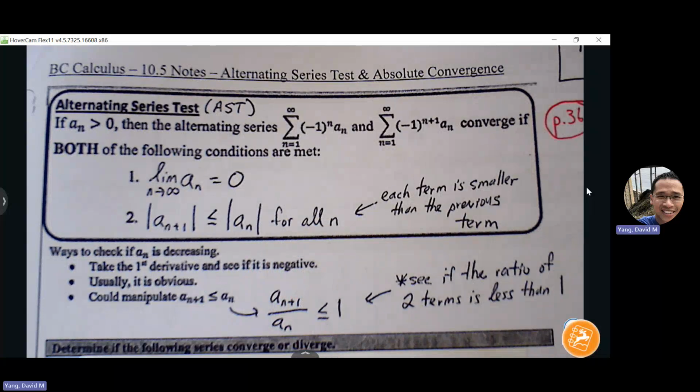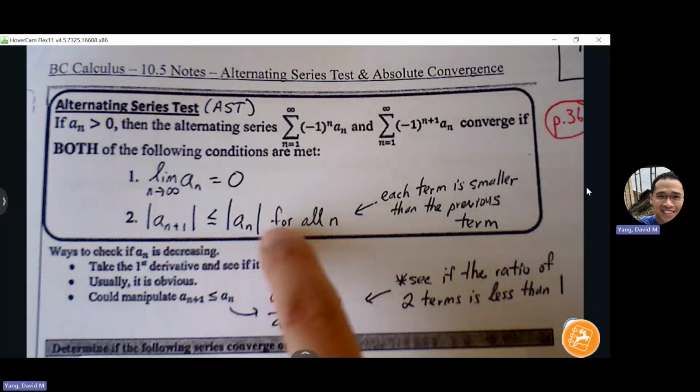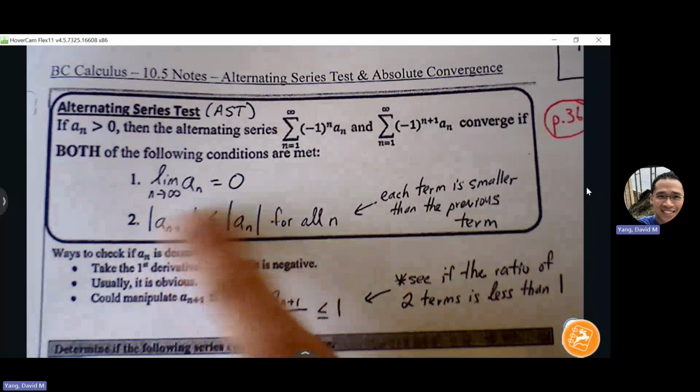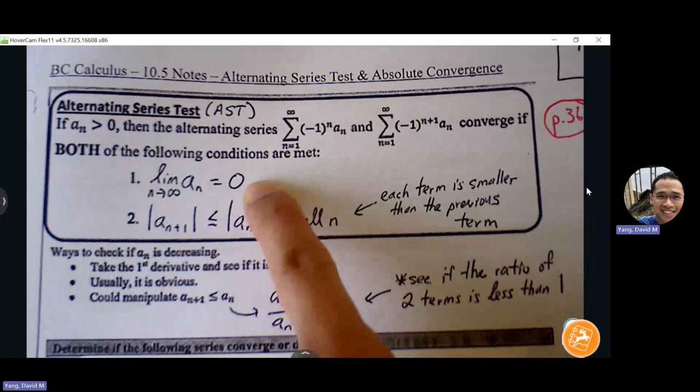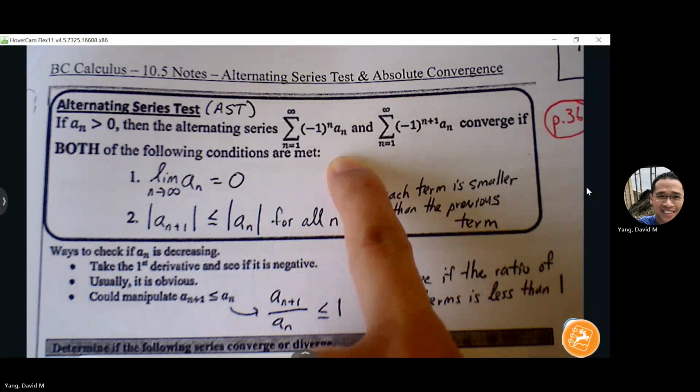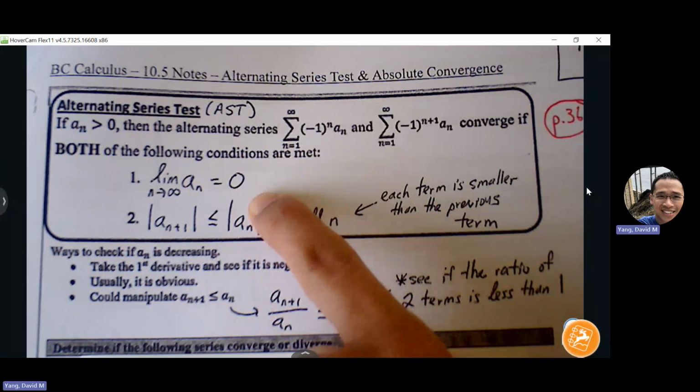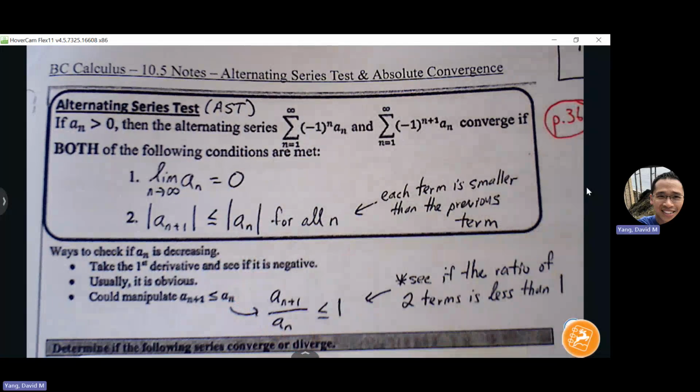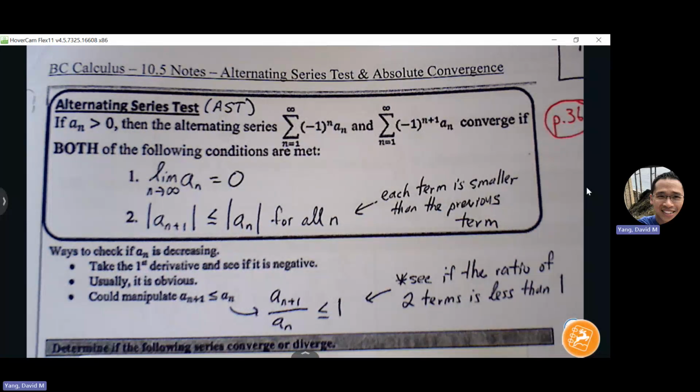So here are ways to check if a sub n is decreasing. Technically, for our purposes, we just have to be able to state this. If we can show that this is true, then we know that the alternating series will converge. But there are ways to check if the function is decreasing. We take the first derivative and see if it's negative.